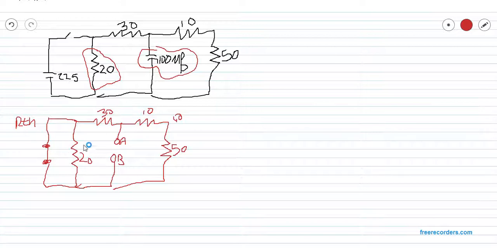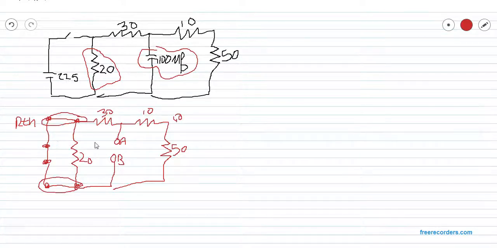Remember that any resistor that's in parallel with a short circuit is 0. Just remember that these nodes are all exactly the same; these two are shared nodes.